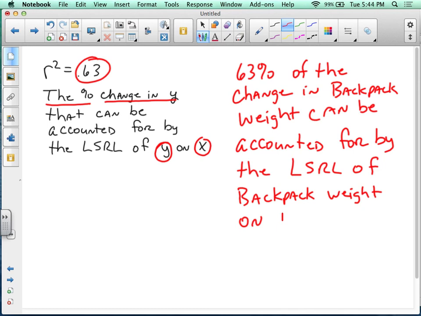Alright, so 63% of the change in backpack weight can be accounted for by the LSRL of backpack weight on body weight.